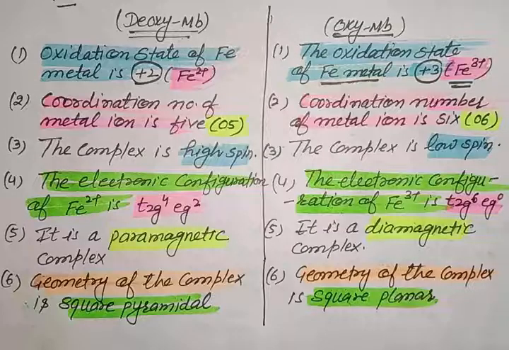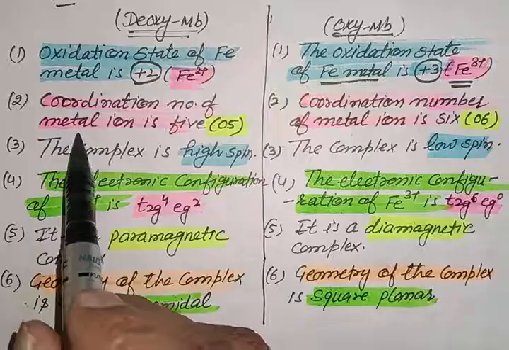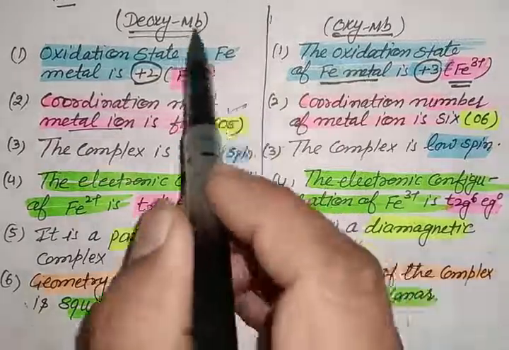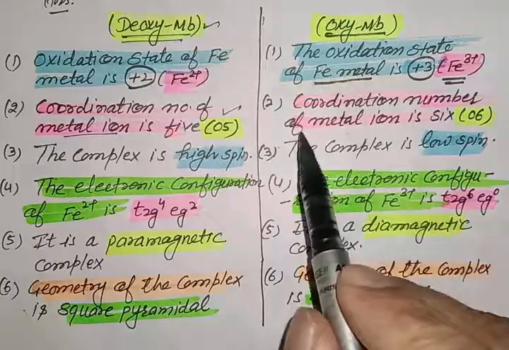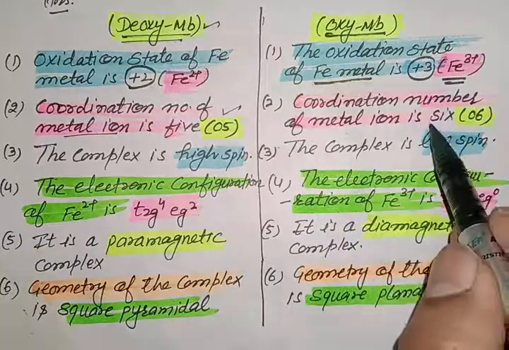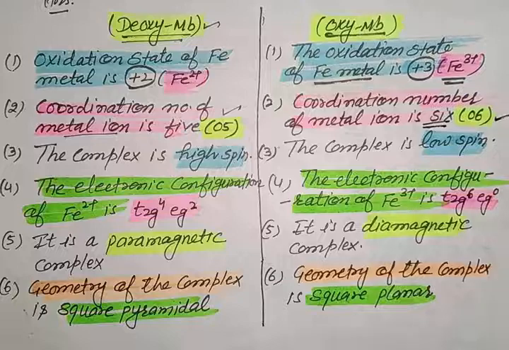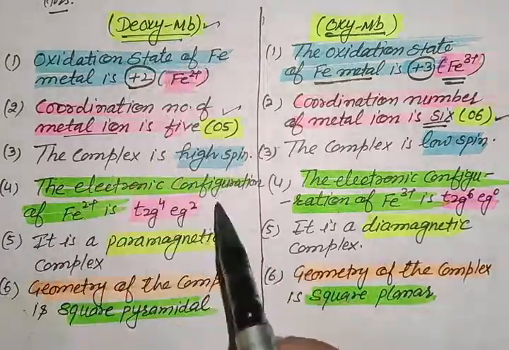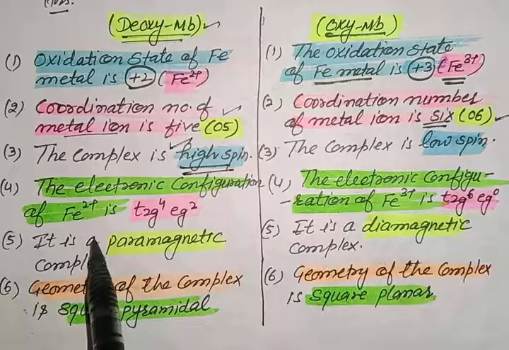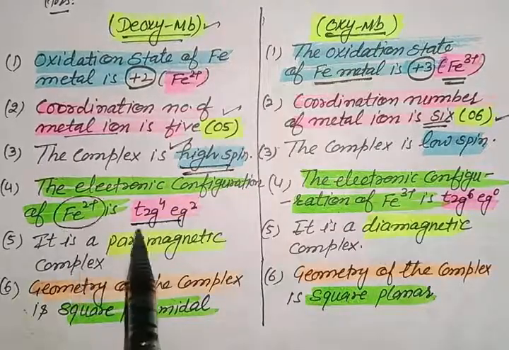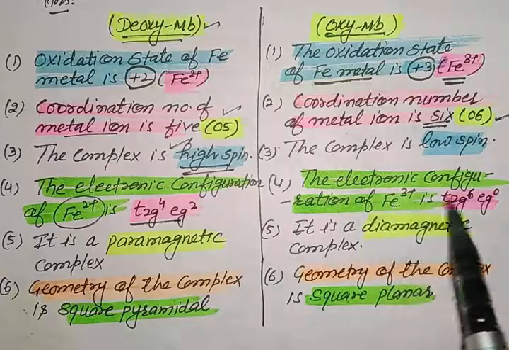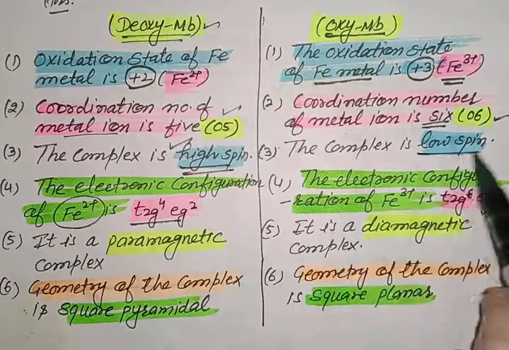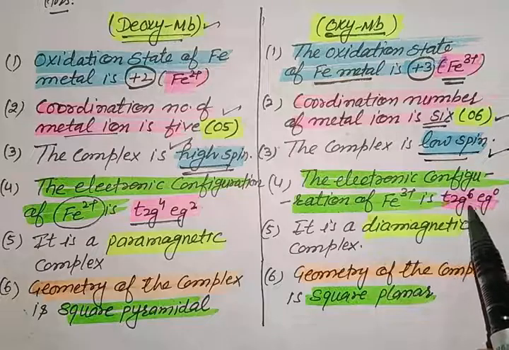The coordination number of the Fe2+ metal ion is 5 in the case of deoxymyoglobin, while in the case of oxymyoglobin, the coordination number of the Fe3+ metal is 6 because oxygen is attached. The deoxymyoglobin complex is a high spin complex and the electronic configuration of Fe2+ is t2g4 and eg2. In the case of oxymyoglobin, the complex is low spin and the configuration is t2g6 and eg0.